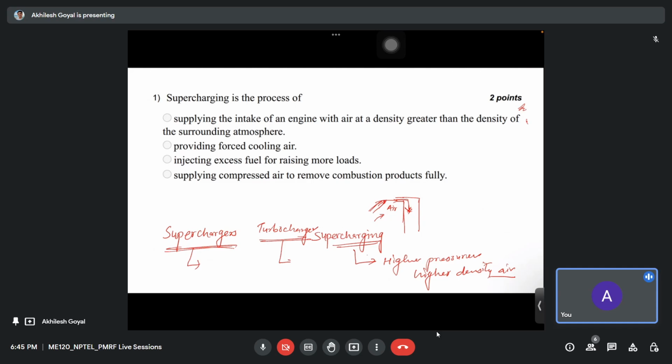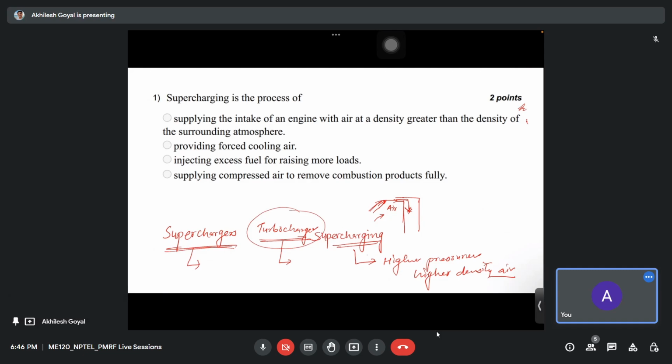So the turbochargers don't take any energy or power from the crankshaft, but they use the energy from the exhaust gases. This is the basic difference between supercharger and turbochargers.